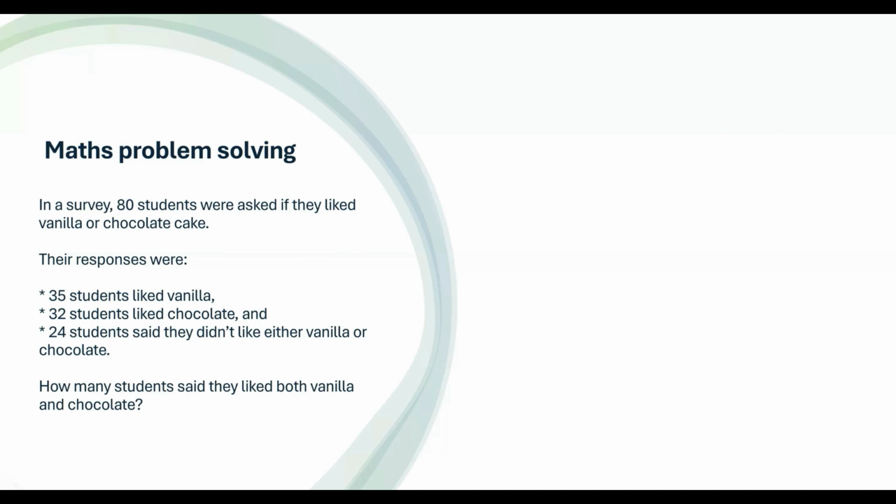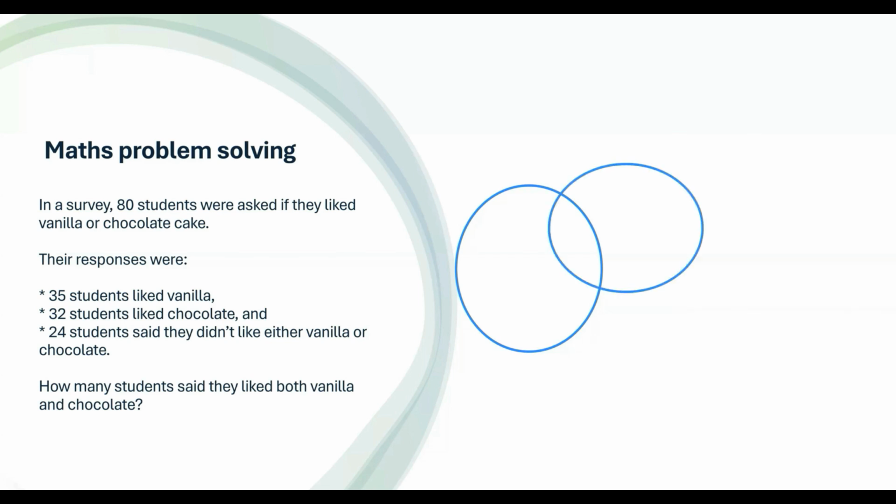Okay, so let's build a Venn diagram. We'll have a circle, and we have another one. Now, we need to label them: vanilla and chocolate. There we are.